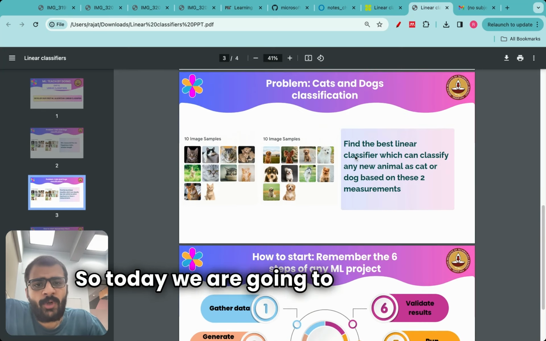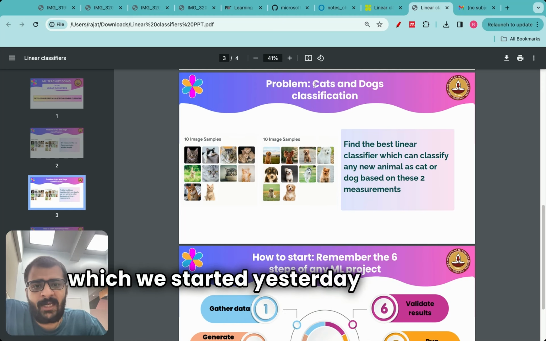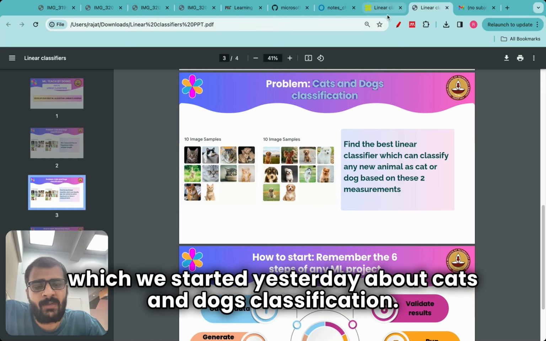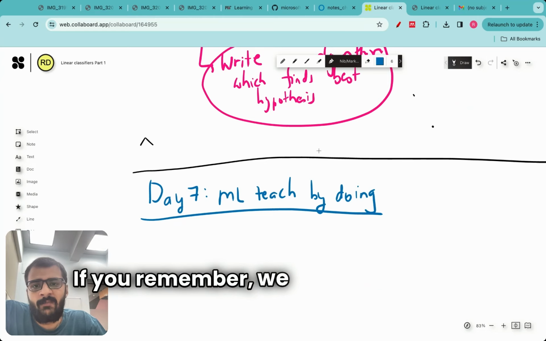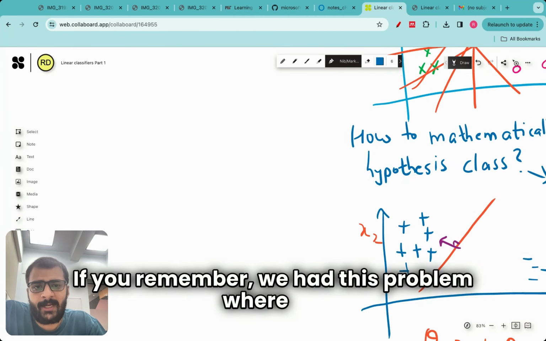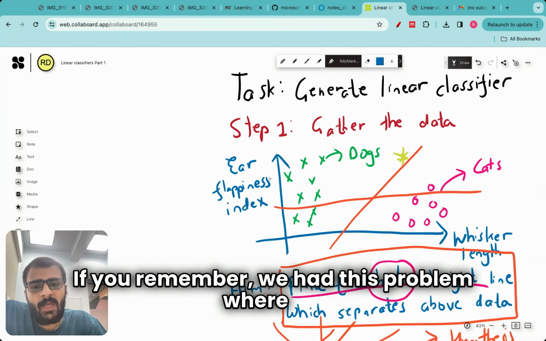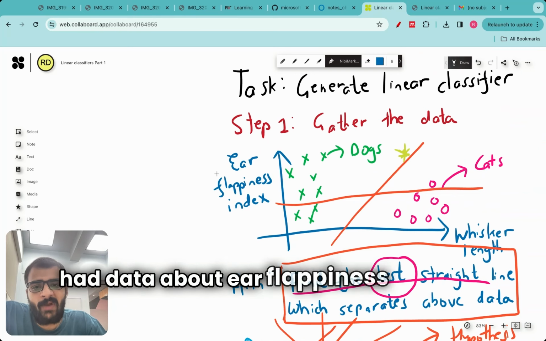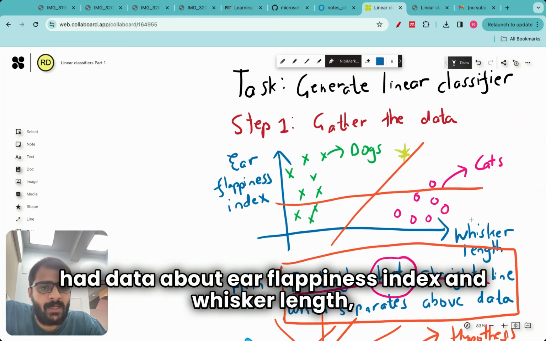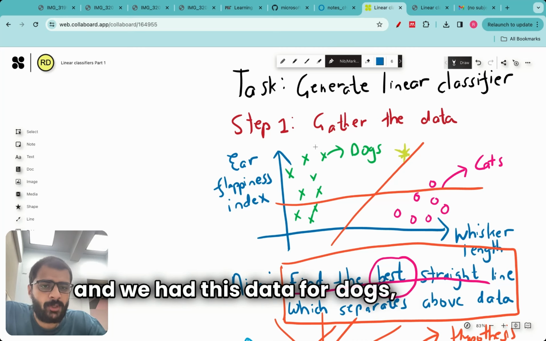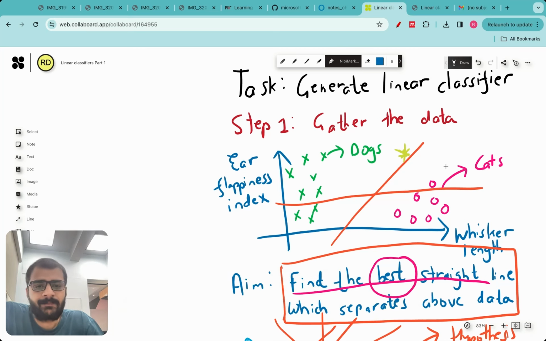Today we are going to continue the problem which we started yesterday about cats and dogs classification. If you remember, we had data about ear flappiness index and whisker length, for dogs and also for cats.